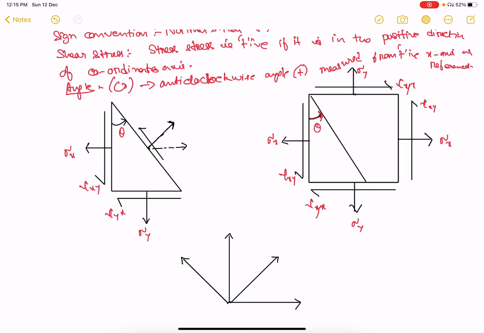If you clearly see, that will be theta, because this is perpendicular to this, and this is perpendicular to this.